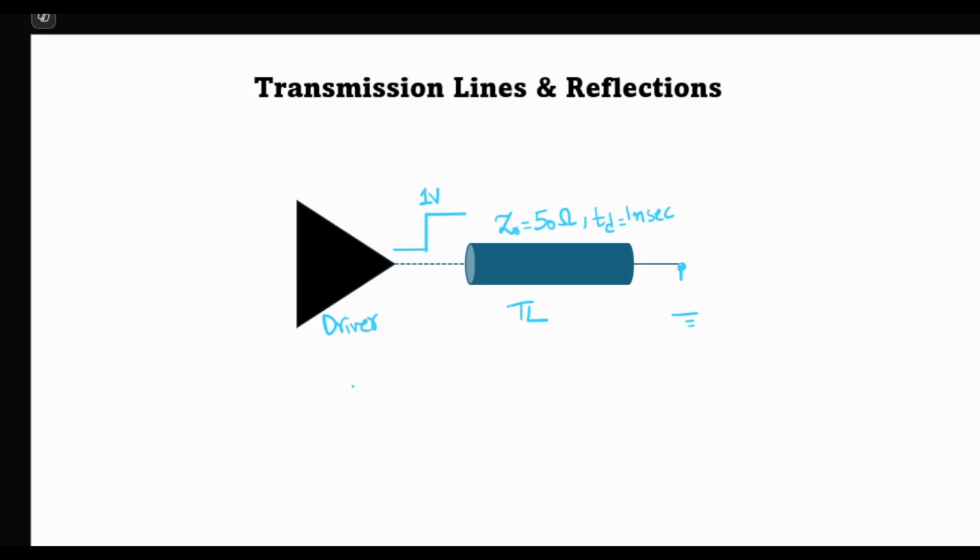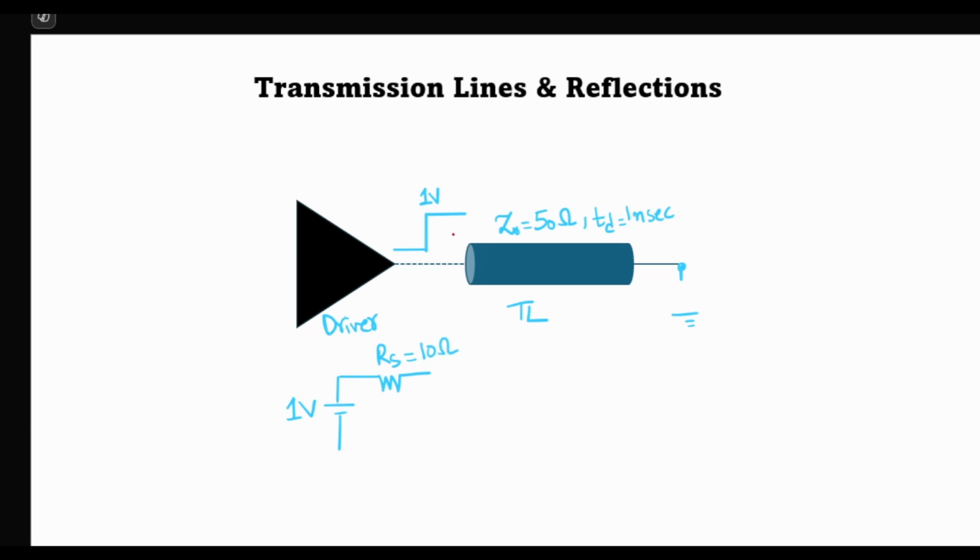So this driver can be represented as a voltage source. So it is outputting a 1 volt signal, and all drivers have some sort of source impedance. So let's assume that the source impedance of this driver is 10 ohms.